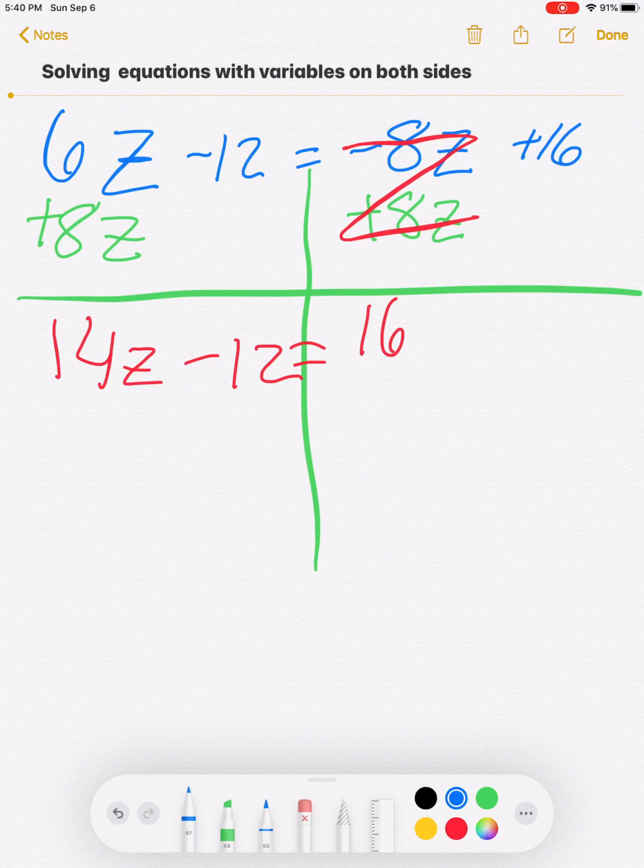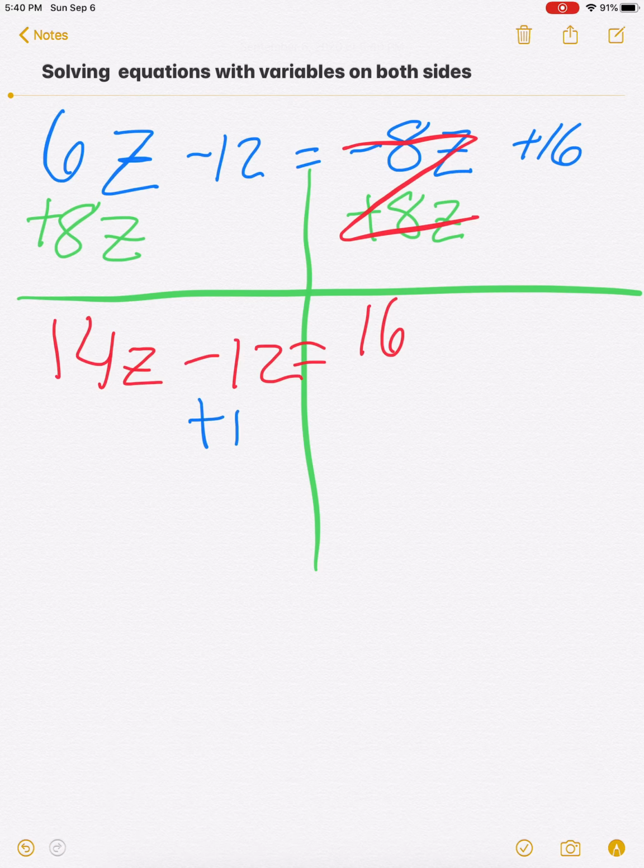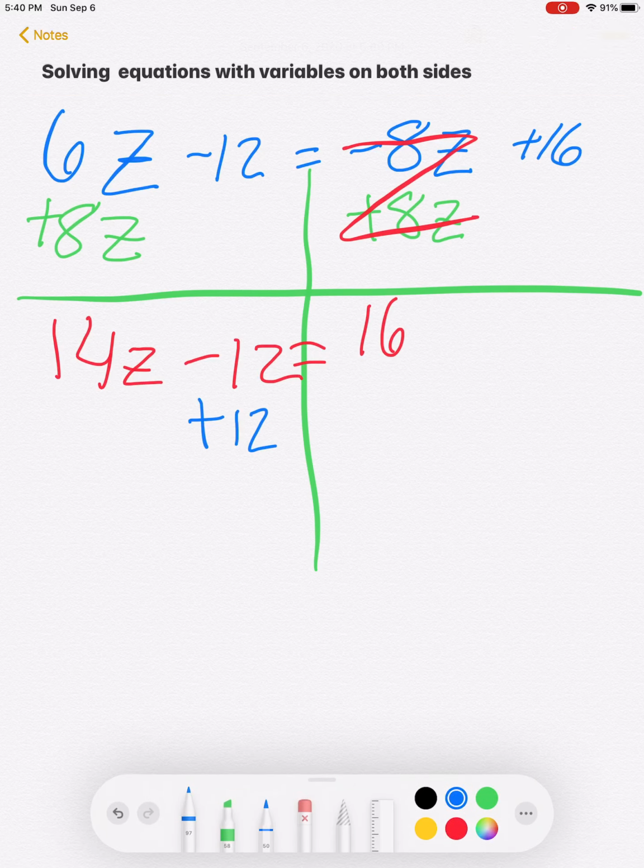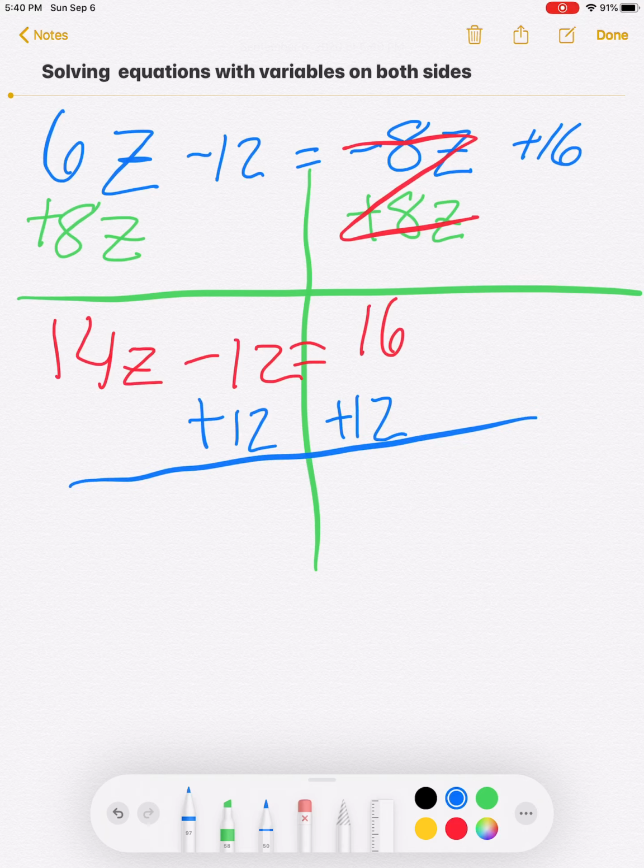We want to get rid of the minus 12. So the inverse of minus 12 is the plus 12. If we have plus 12 on this side, we have to have plus 12 on that side. What we do to one side, we do to the other.